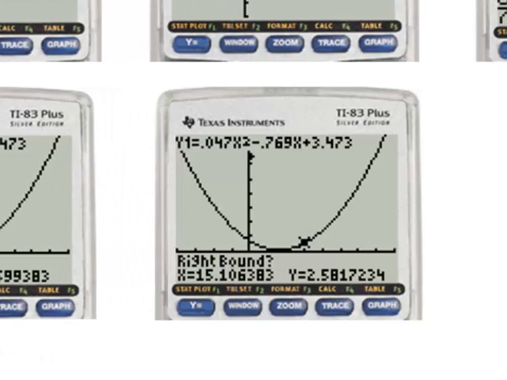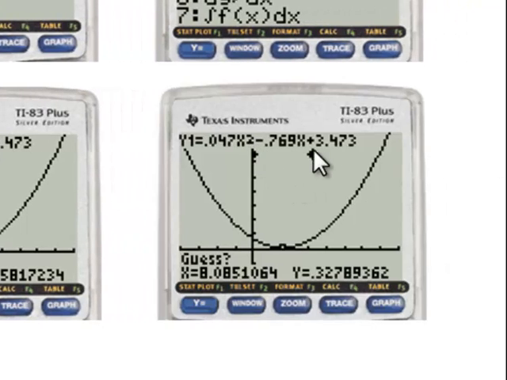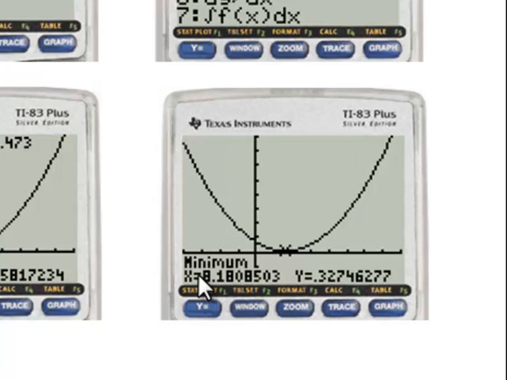Then select a point to the right of the minimum, and you will see these two little triangles, and we want the guess to be in between these two triangles. And then when we hit enter for the guess, we see that the calculator has given us a minimum at 8.18, and the y value is about 0.33.